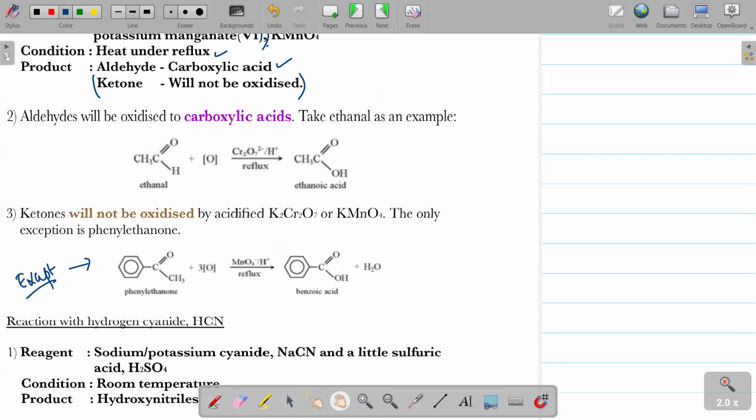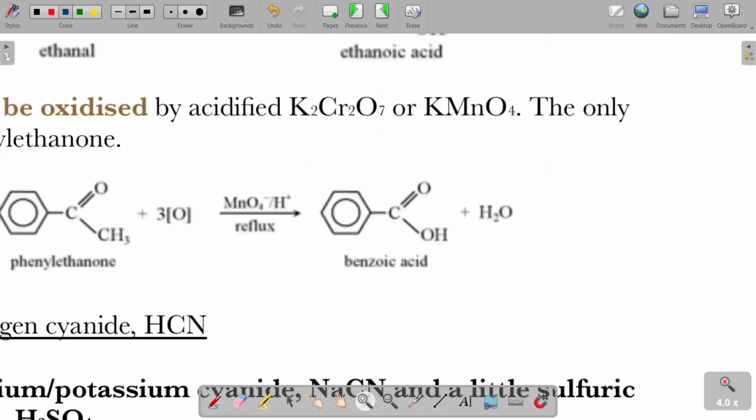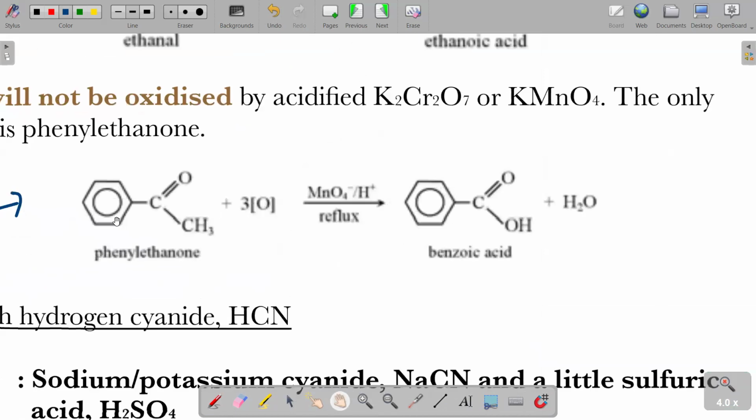In this case, you can see it's a benzene attached with the C double bond O carbonyl group and then a methyl group. So phenylethanone, or the common name acetophenone. Actually, here it is behaving as a ketone group. You can see carbon on both sides of the C double bond O carbonyl group.